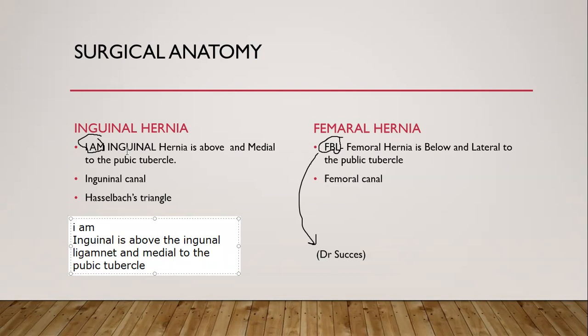The other thing is that depending on the type of the inguinal hernia, remember you have got two types of inguinal hernias. You have got direct and indirect. The direct inguinal hernia passes through the Hasselbach's triangle, which we are going to talk about very soon. While the indirect one goes through the deep inguinal ring up to the scrotum.